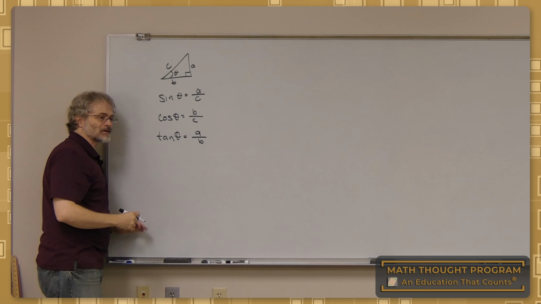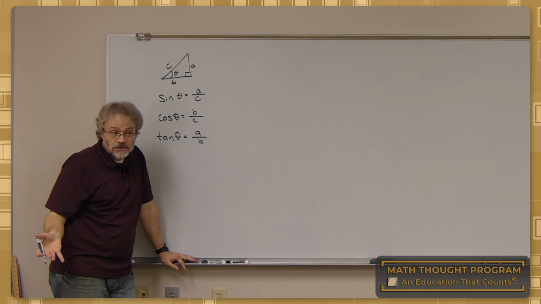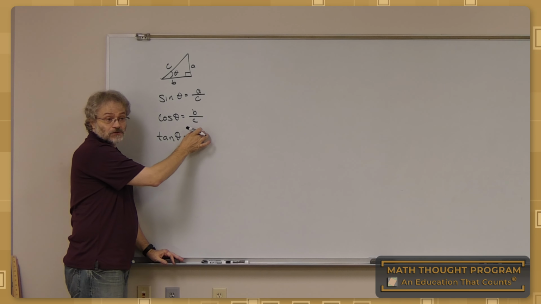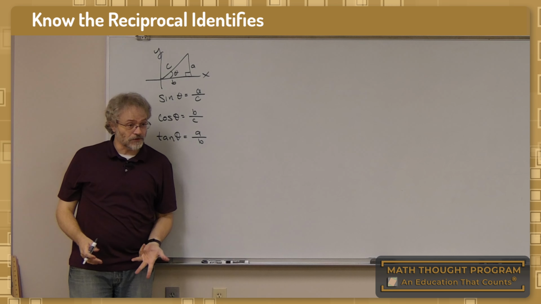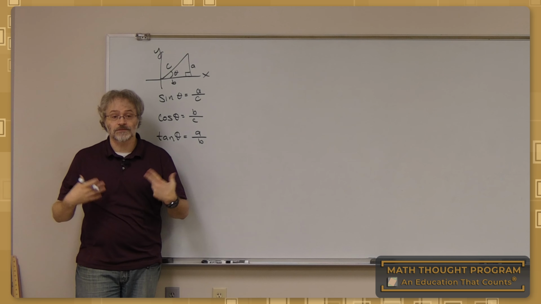You can think about it as being the slope of a tangent line, maybe slope of a line that goes to the origin, where this corresponds to rise over run. So I can think about it from that vantage point if I put it over here on an xy axis. And then we also have the reciprocal identities that we got to know, the secant, cosecant, cotangent we keep talking about over and over.